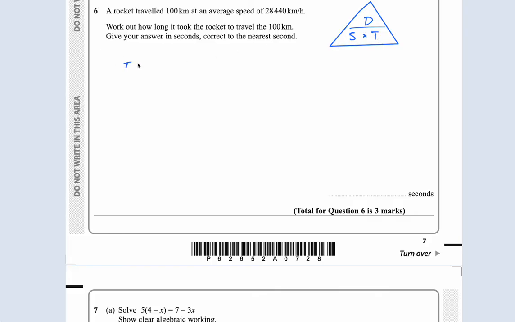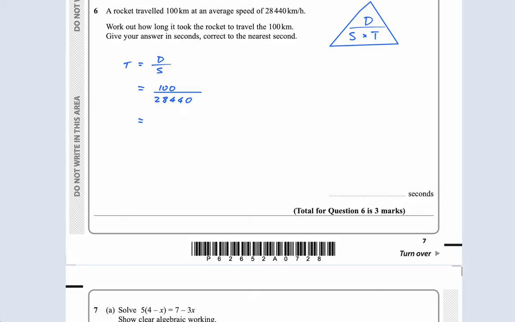So to find the time, I need to do distance divided by speed. Now my distance is this, 100 kilometers, and my speed is 28440 kilometers per hour.